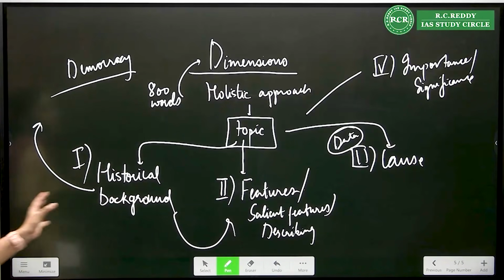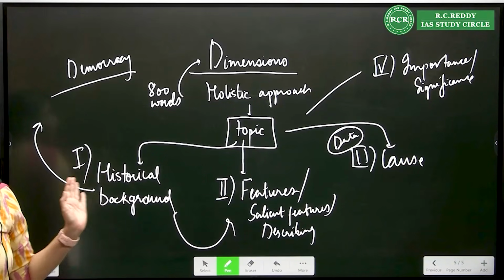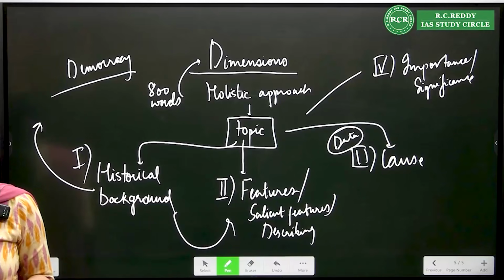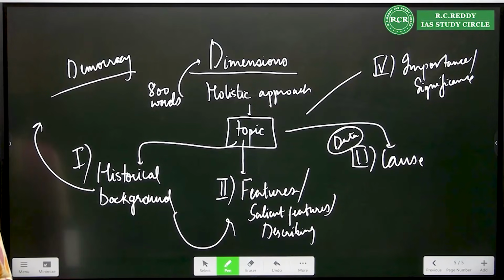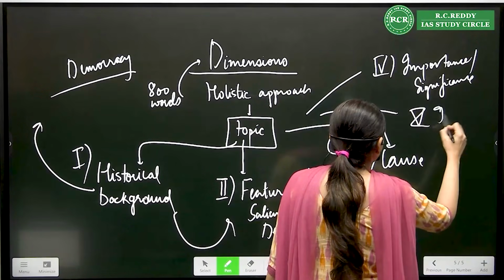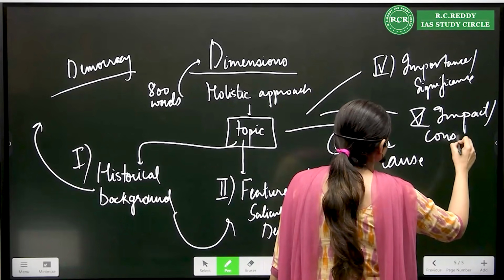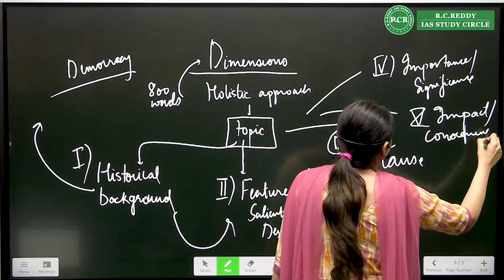I'm writing in points just for your understanding. When you write the actual essay, points will not come. This is just for your understanding. So here you can write about significance, importance, or even sometimes impact, consequences of something. What is the consequence of obesity?